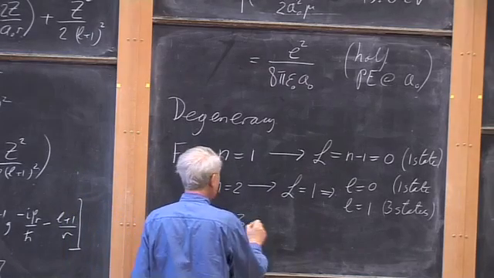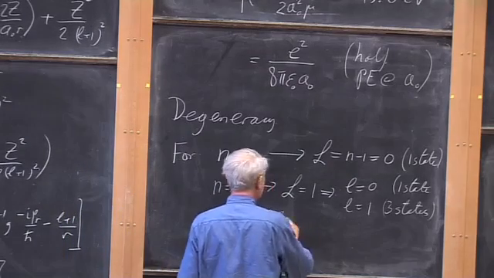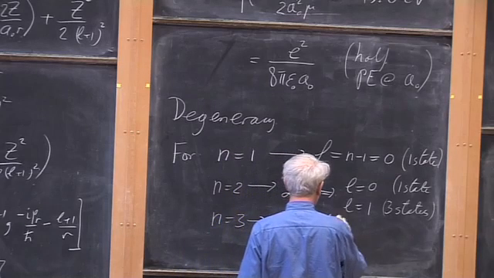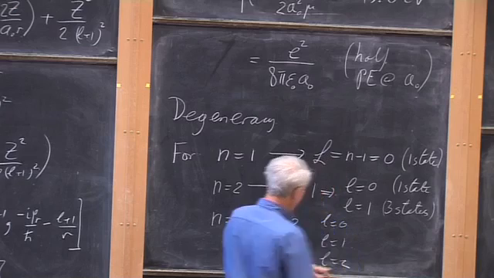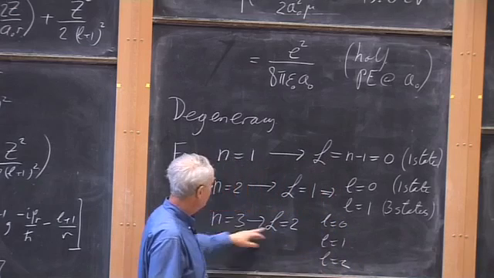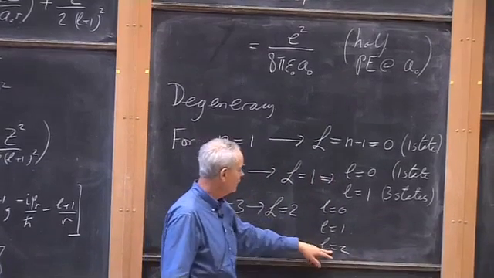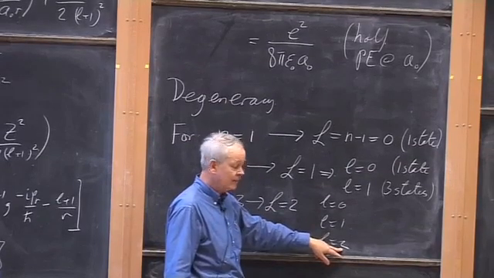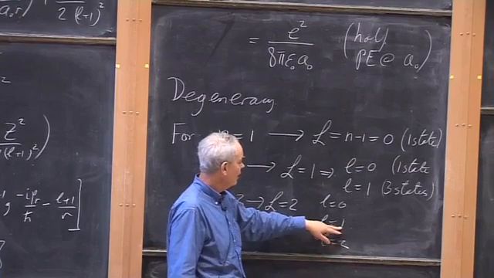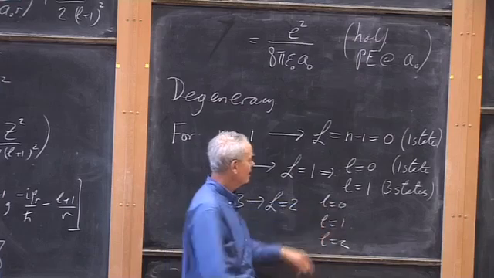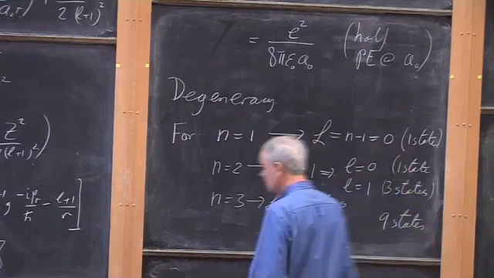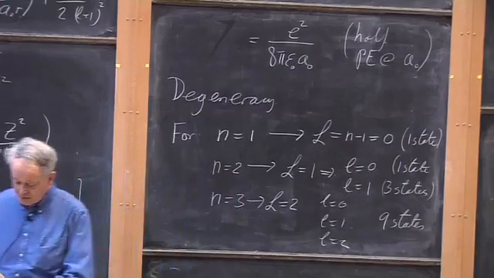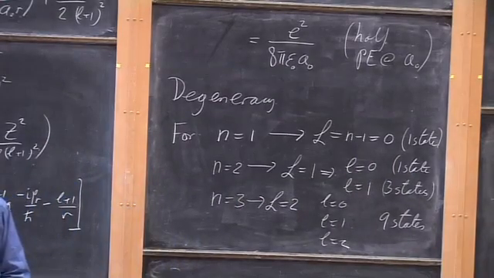So the number of states is increasing rapidly, because there'll be 5 states for n equals 3. The maximum angular momentum will be 2. For 2 units of angular momentum, you've got 5 possible orientations, and then you've still got 3 of these and 1 of those, so that's 9 states, etc. So the structure we've derived is extremely degenerate.